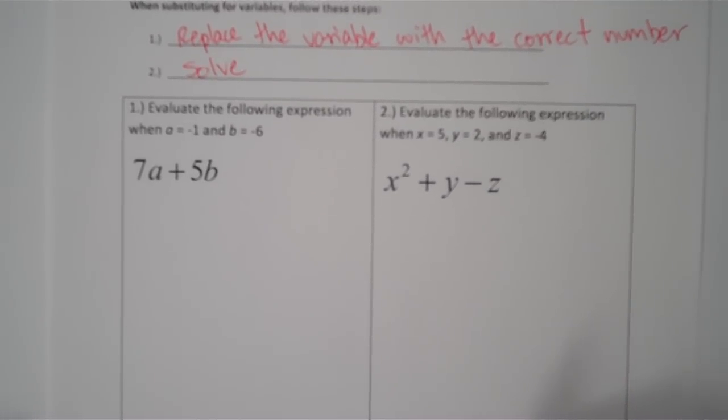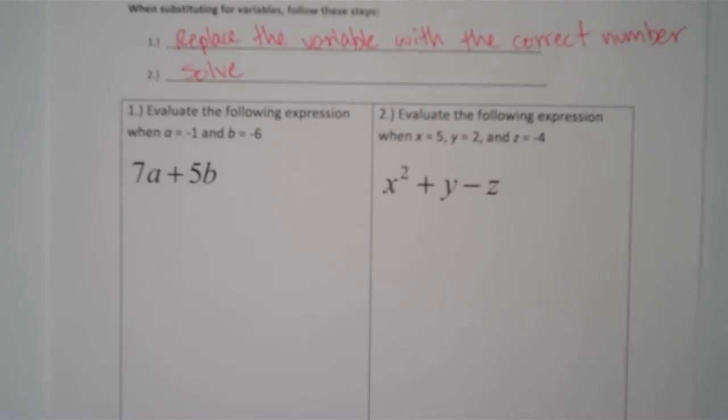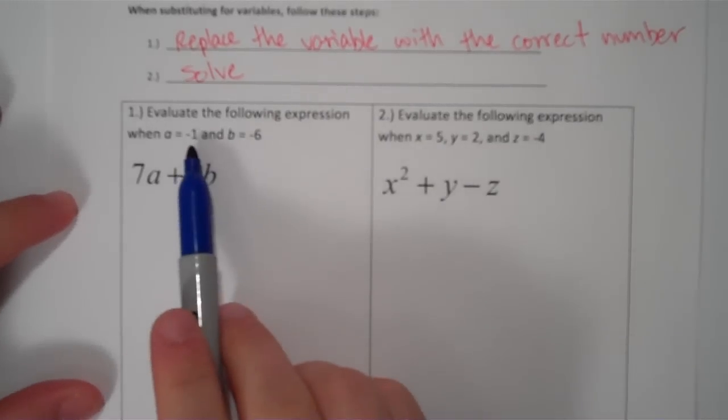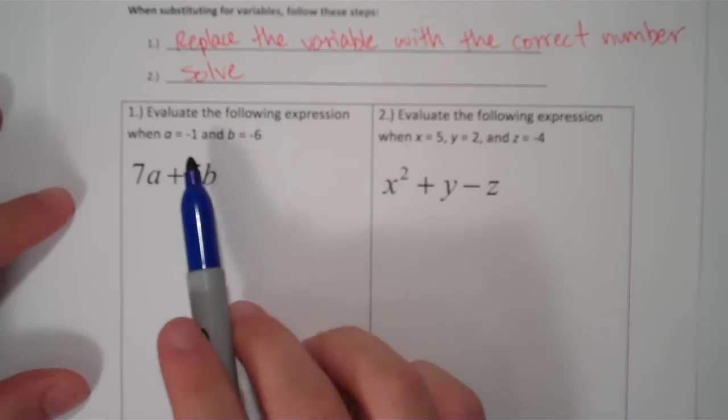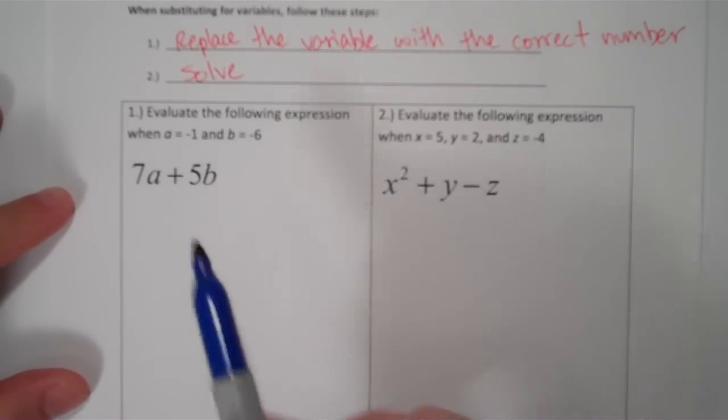Number 1 says, evaluate the following expression when a equals -1 and b equals -6. And the expression below reads 7a plus 5b. 7a plus 5b, and they've told us that a equals -1 and b equals -6. So here's what we're going to do. Instead of a, we're going to put -1 in.